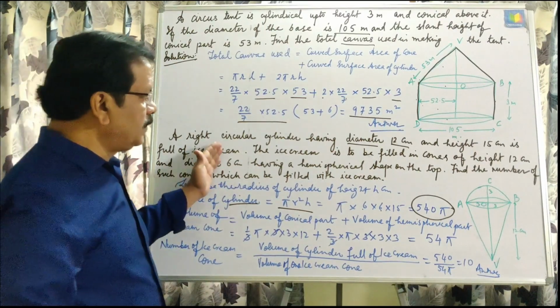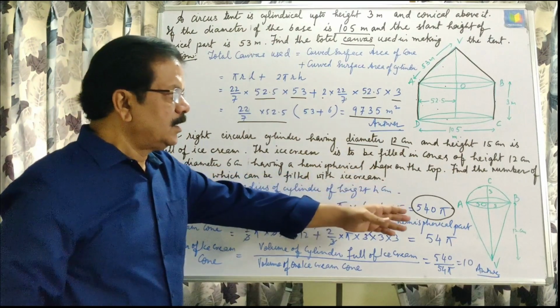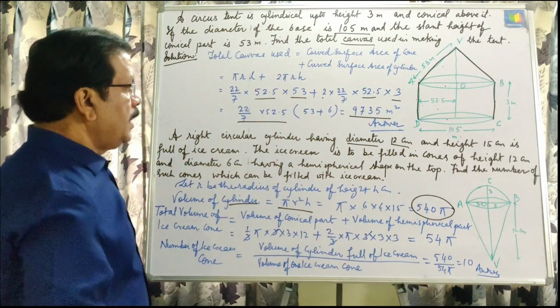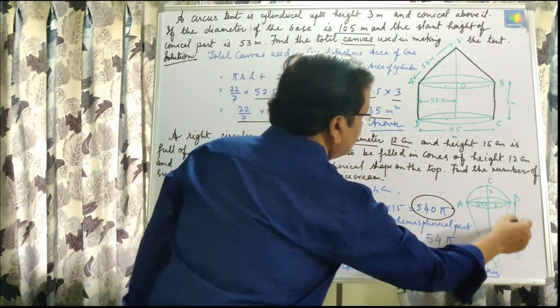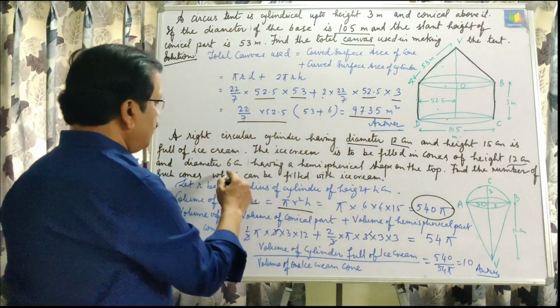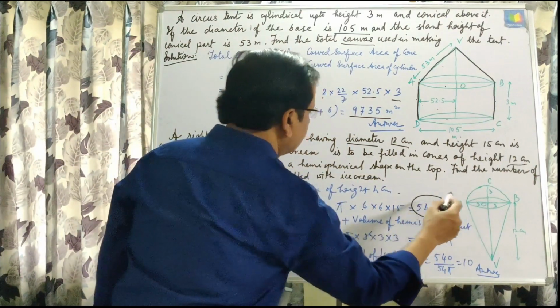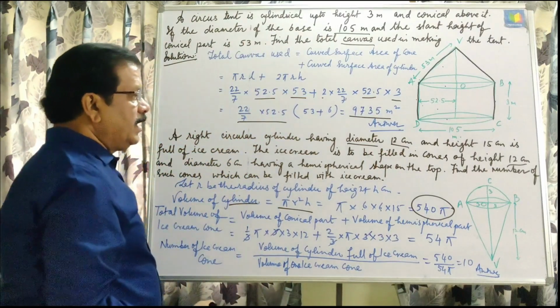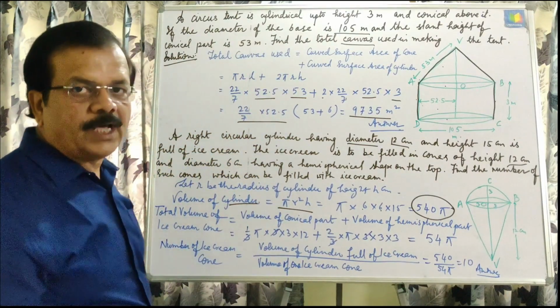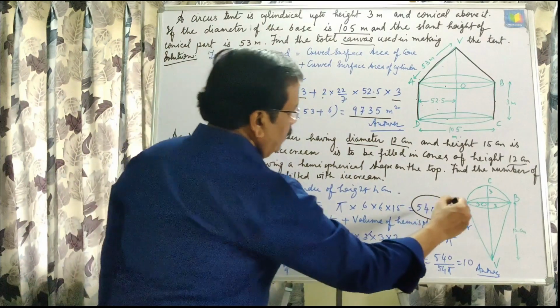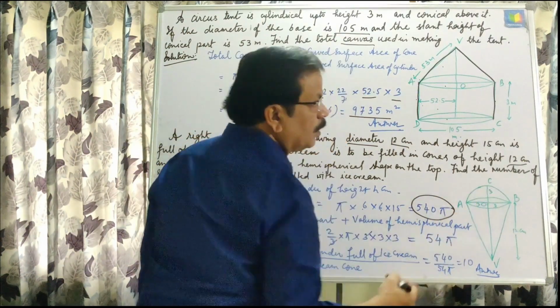And with the help of this ice cream, we will fill the ice cream cones, and the cone is of height 12 centimeter and diameter 6 centimeter, then radius will be 3 centimeter.